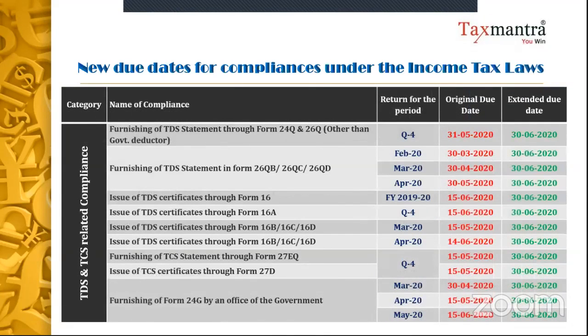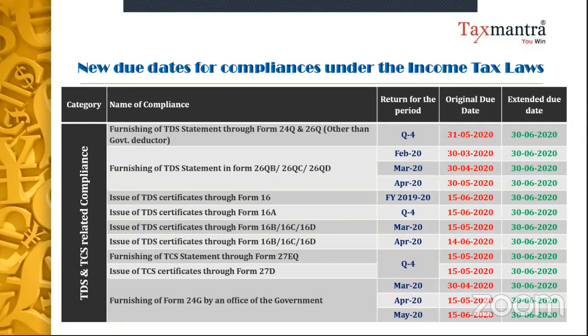Now coming to the TDS and TCS related compliances, there are several due dates. First, the TDS filing return for the fourth quarter, whether it be salary or other than salary, through Form 24Q and 26Q. The due date for filing of the TDS return earlier was 31st May 2020, which has been extended to 30th June 2020.